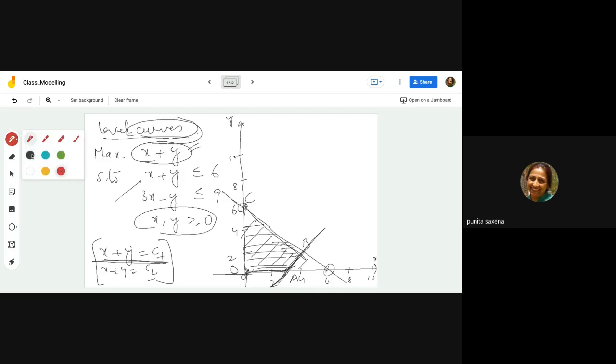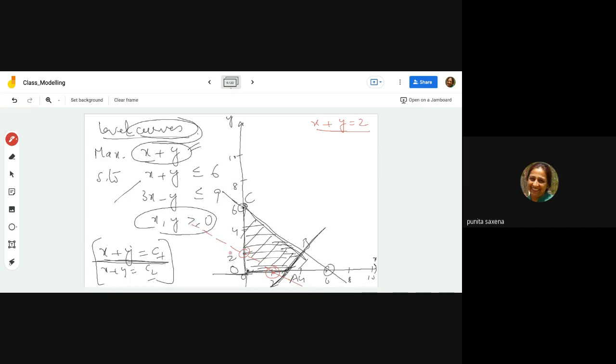So the moment I say x plus y equal to 2, I'm talking of the objective function, right? If I plot this straight line, it will pass through 2, 0 and 0, 2. I'm plotting it with a dotted line because this is my objective function, not a constraint.